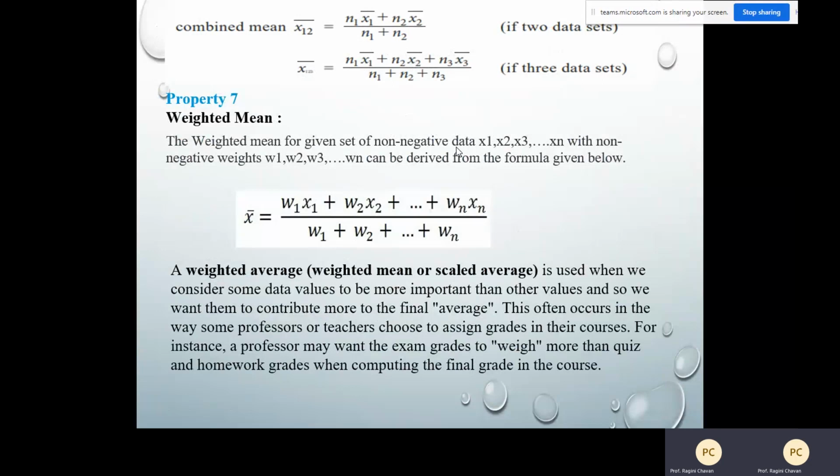The formula for weighted mean is w1 x1 plus w2 x2 plus up to wn xn upon the summation of all wi's. A weighted average is used when we consider some data values to be more important than other values, and so we want them to contribute more to the average. So basically this is the main use of weighted mean, when a particular figure has more importance than the remaining values.